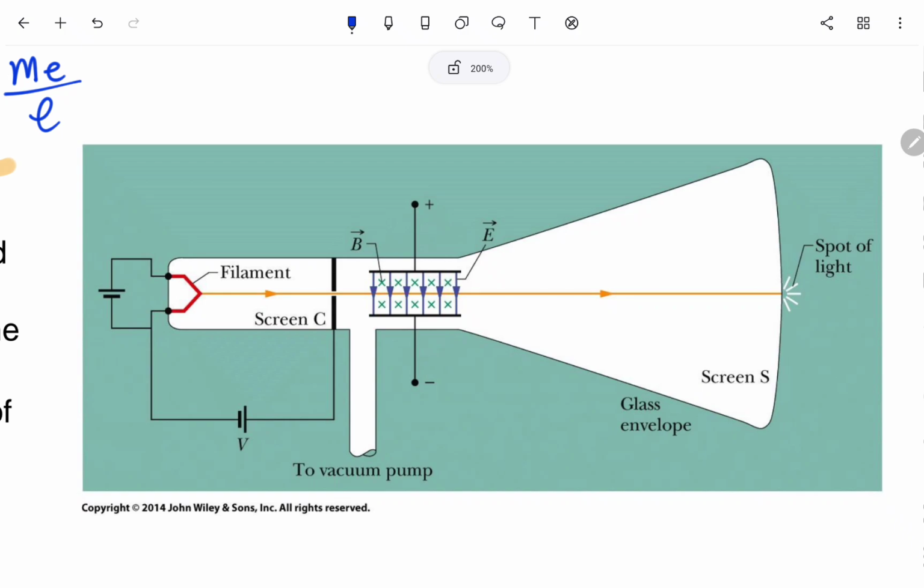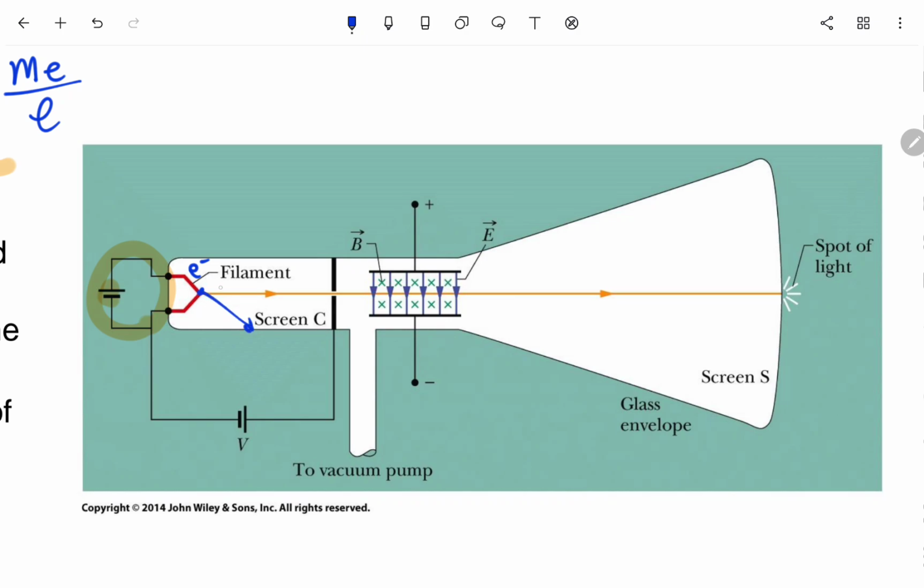Starting from the left hand side, we have a battery here. For this loop, it will try to make some electrons that can go from here to the right side, following the orange direction. If it's not going in the orange direction, maybe it goes to here, it will be absorbed.